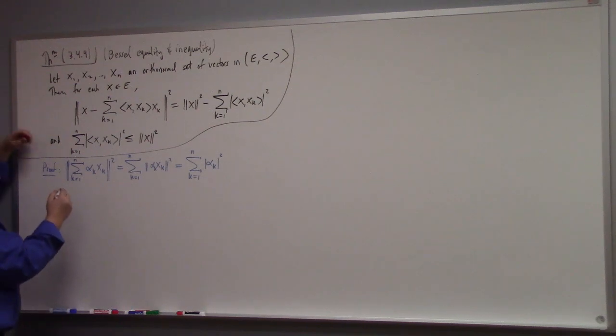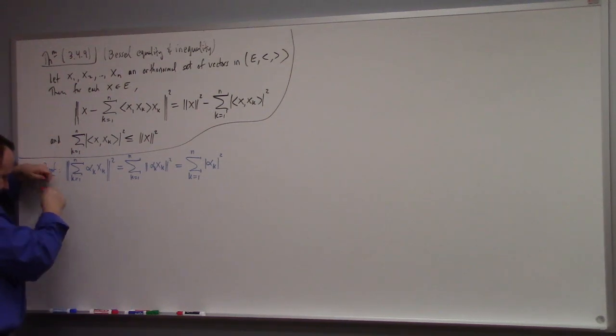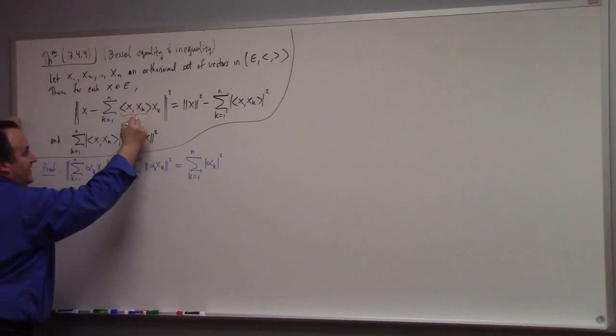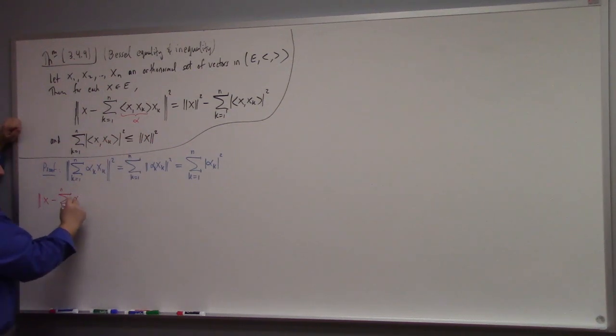So let's do that. All right. So the norm of x minus that sum, k equals 1 to n, and we're just going to label this thing alpha k xk, right?